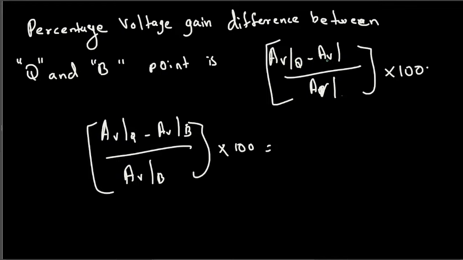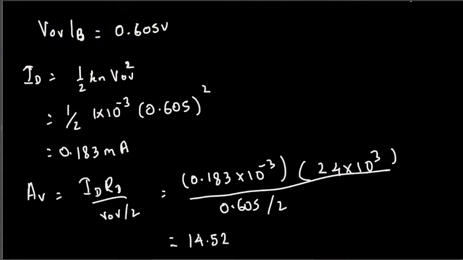So this one should be B, Q, and then divided by Q. Okay, wait a minute, let me double check.